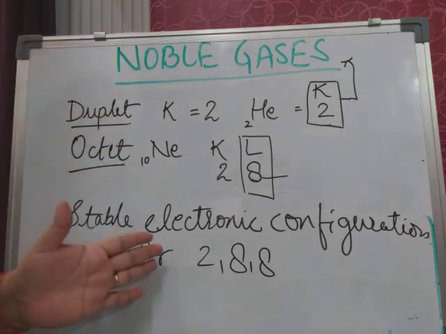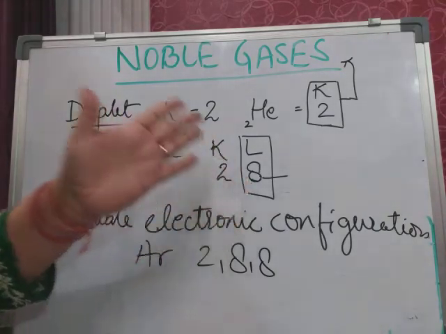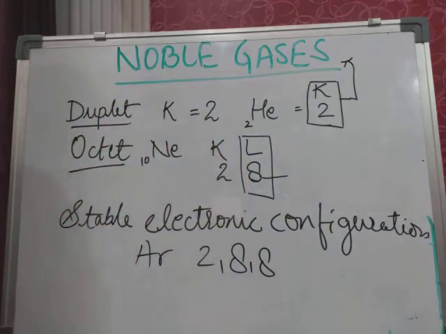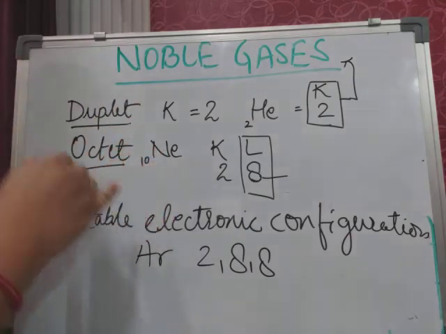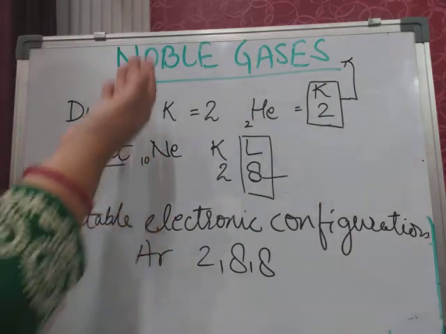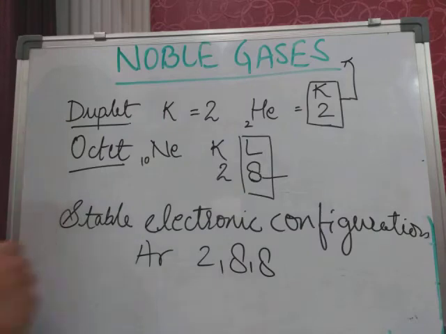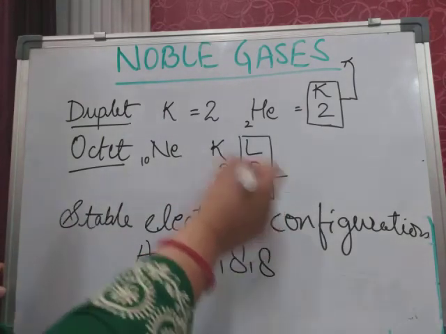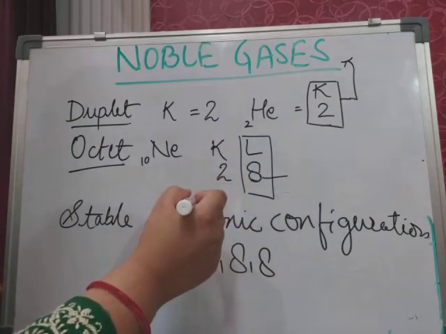Now let's see the reason behind that. The reason for stable electronic configuration is that it has complete 8 electrons in its outermost shell. Other atoms, apart from these noble gases, have less than 8 electrons in their outermost shell.